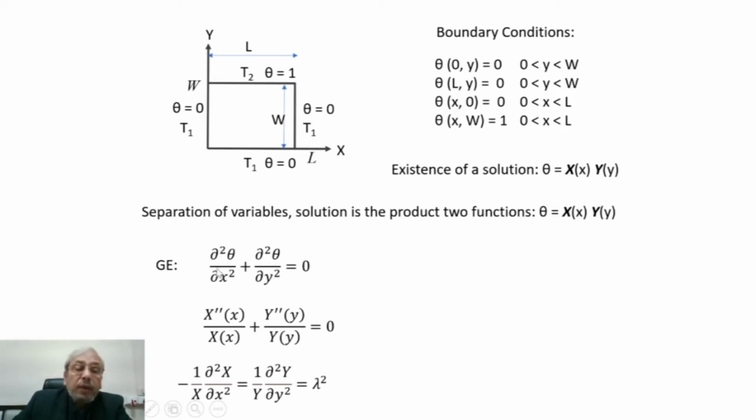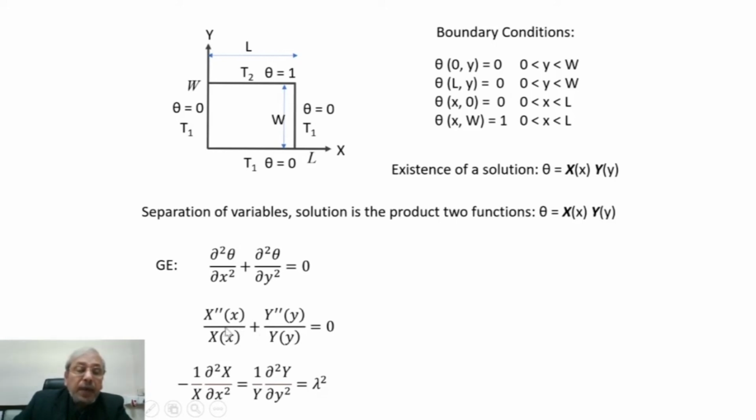So we perform the double derivative of theta with respect to x. That means it will be X double prime, and also theta with respect to y, which will be Y double prime, divided by theta, and we get this expression. And then we separate out the variables.